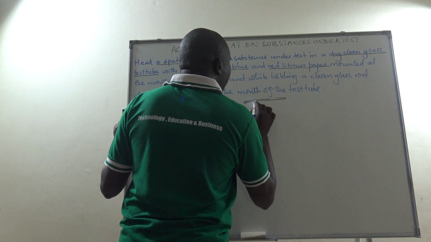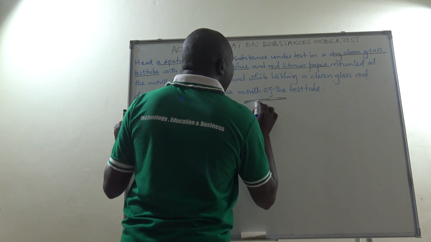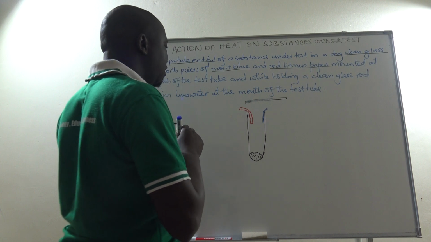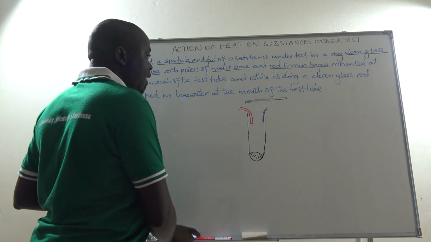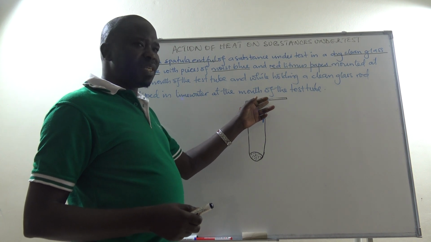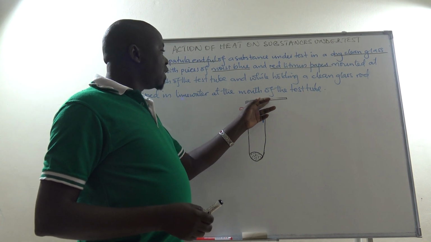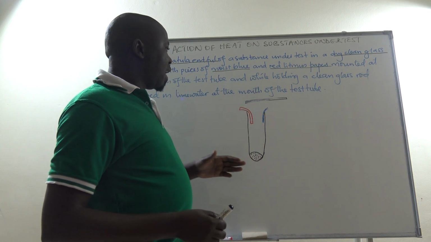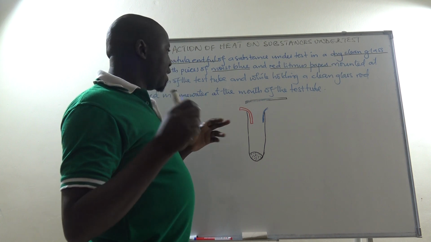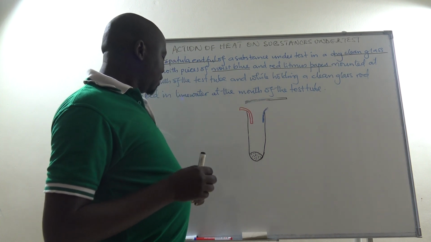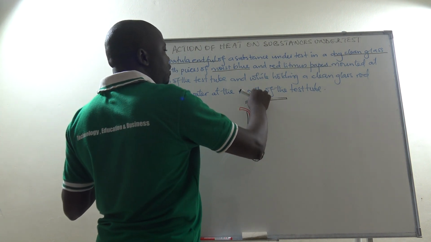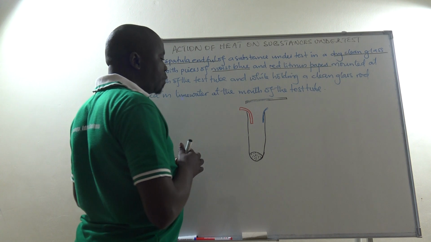And as you know, the lime water will be able to test for the presence of carbon dioxide, if carbon dioxide gas is produced. So in case carbon dioxide is produced, then a milky substance or some white precipitate will be formed on this glass rod, and it will become white at exactly this point here. It will not look transparent, but it will look white in color. So if it looks white in color, it means that carbon dioxide gas was produced here. So you need to prepare adequately.